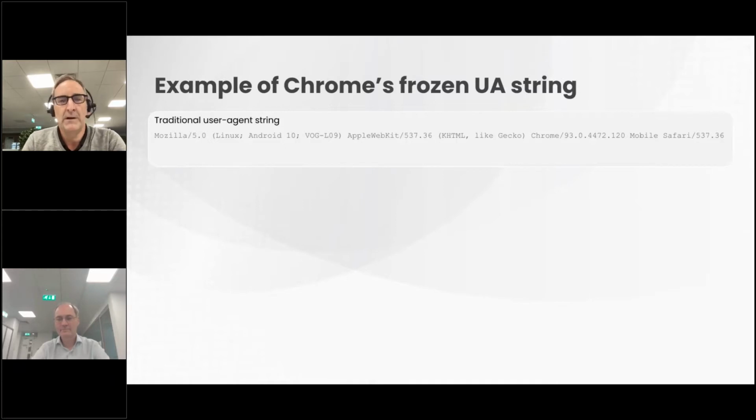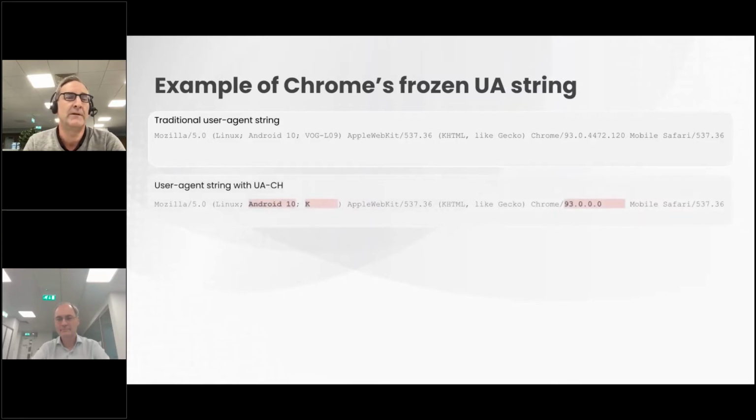With the user agent client hints proposal, this will change to the following. So I've highlighted the major changes in red. So beginning with Android 10, that looks the same as Android 10 in the initial version at the top, but that is just because my device happened to be on Android 10. The Android 10 with this new proposal will be fixed.